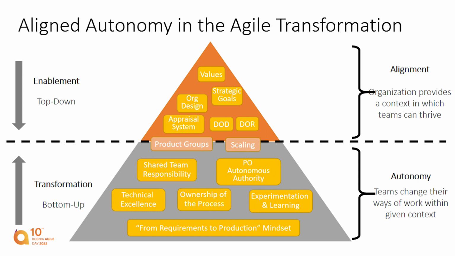So the enablement part is provided by the management creating or defining the values, defining the strategy, providing the appraisal system that will be in line and that will encourage new behaviors that we want to see in the teams.